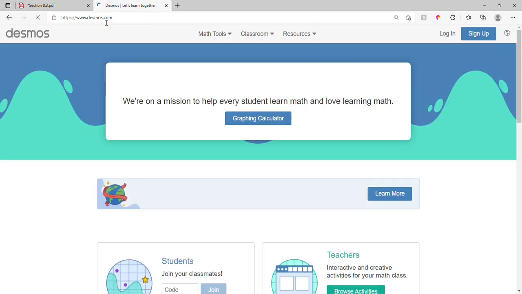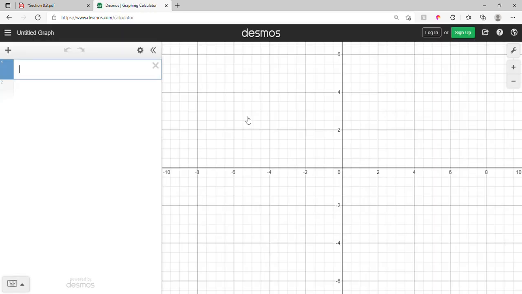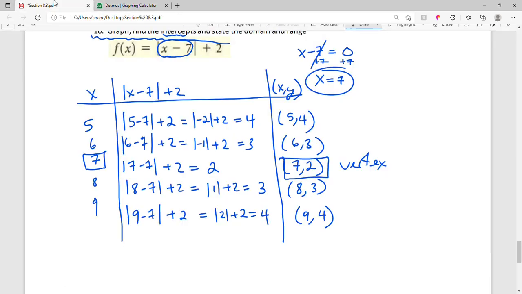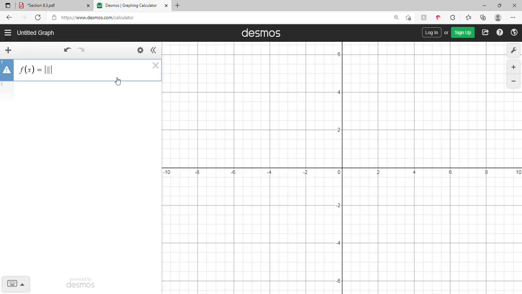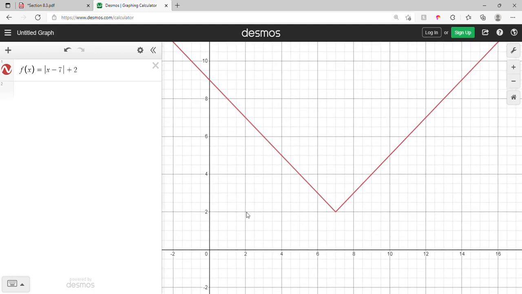I'm going to go to Desmos.com, and this is going to allow me to graph this function for you, absolute value of x minus 7 plus 2, and you can see right there, this is a nice graph. It allows me to quickly check my work.